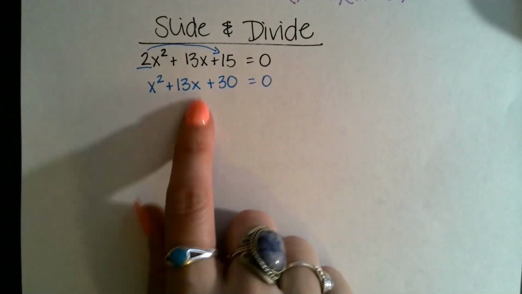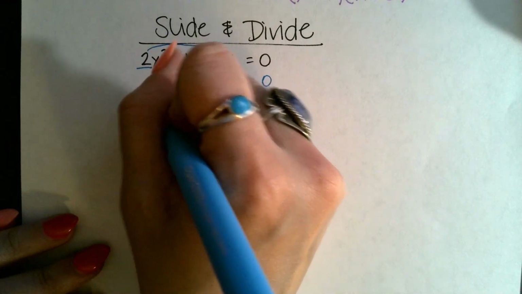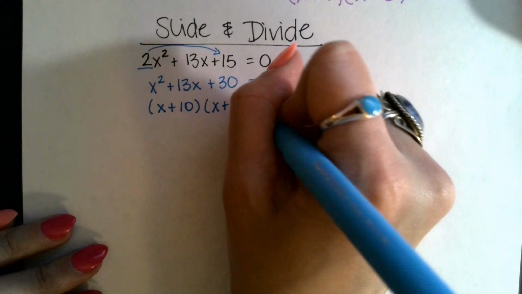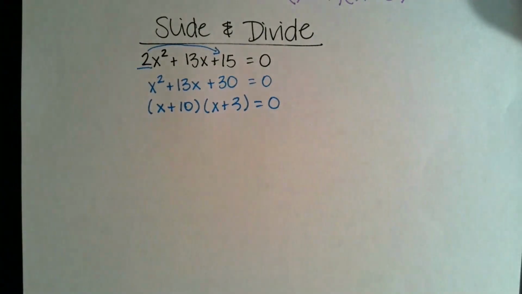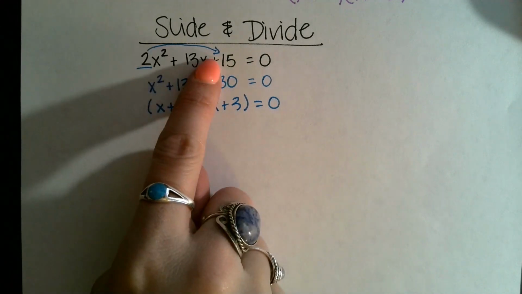Yeah, this one should be a lot easier to see. 10 and 3. The step you're going to forget is we did the slide, so now we have to divide.